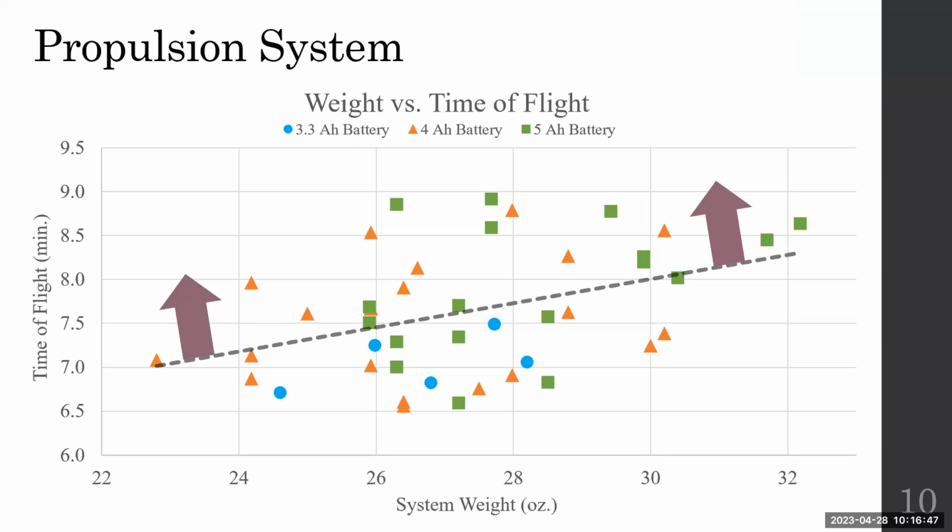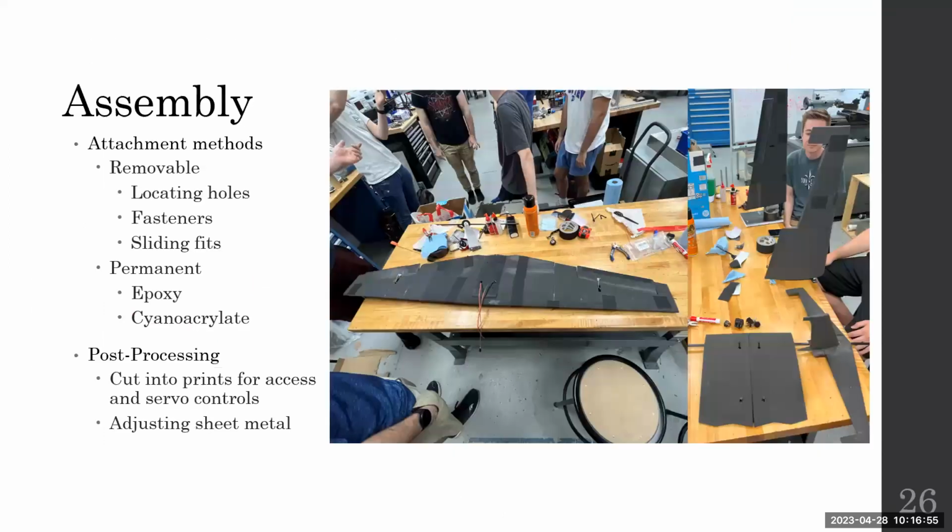Let's talk about how the actual plane was assembled. You mentioned that fasteners failed during assembly. How did that happen? Where did those fail? I can talk about this. Yeah. So the wing section ended up being completely fine.